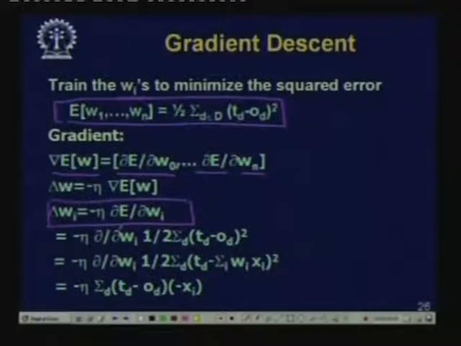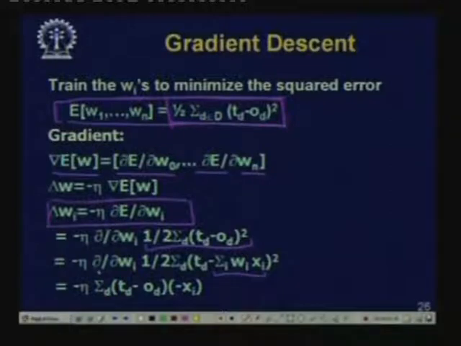Now, let us try to compute del E del Wi for the error function that we have chosen. What is E? E is half sigma (TD minus OD) whole square. And what is OD? OD is sigma Wi xi.